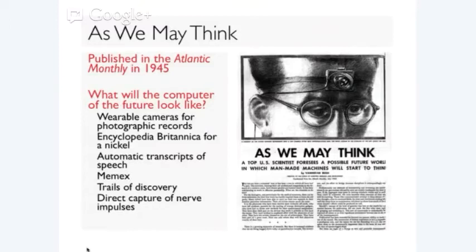He also imagined having the Encyclopedia Britannica, which at that time was the canonical record of knowledge, available for the price of a nickel. He imagined having automatic speech recording, and then the idea he's most famous for is the memex, which is a way of, once you record all of this information, images, speech, notes, how do you access it?